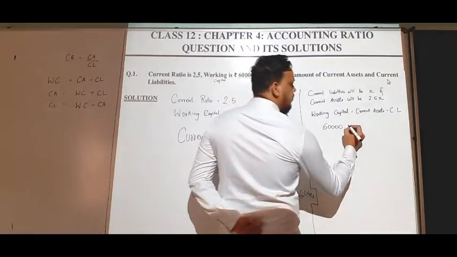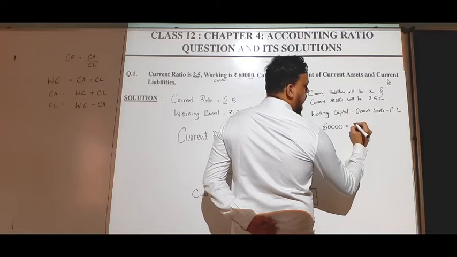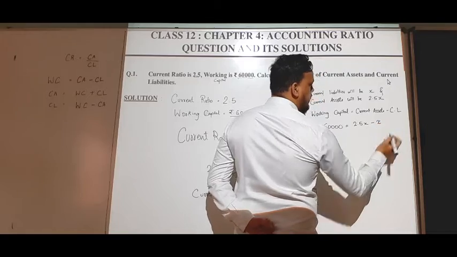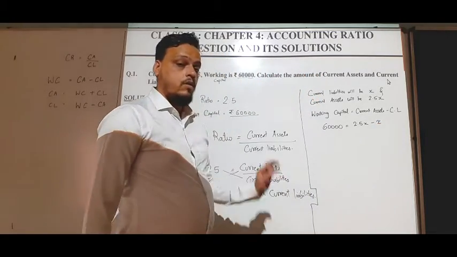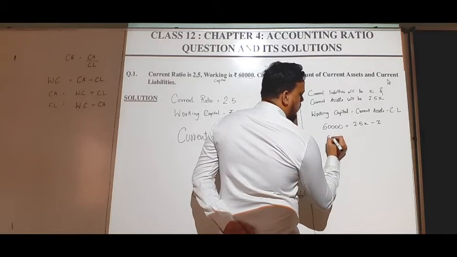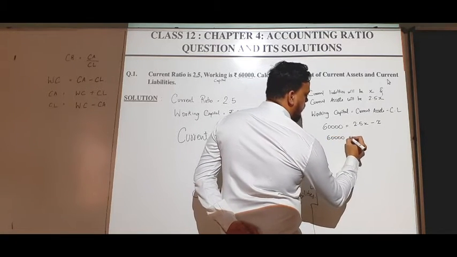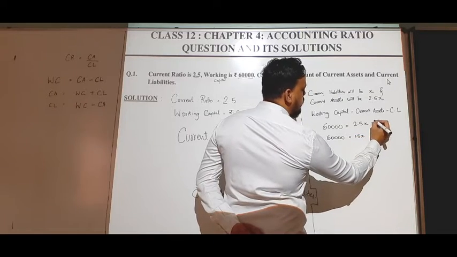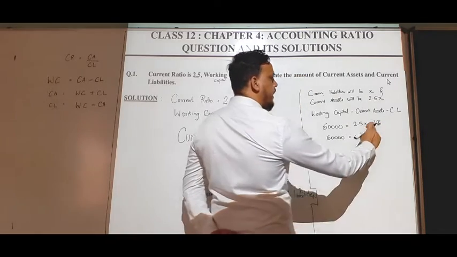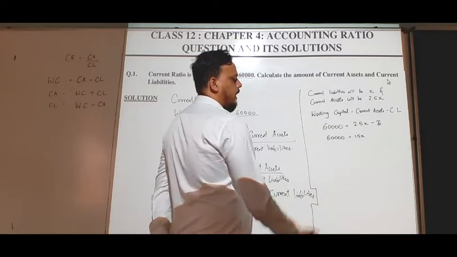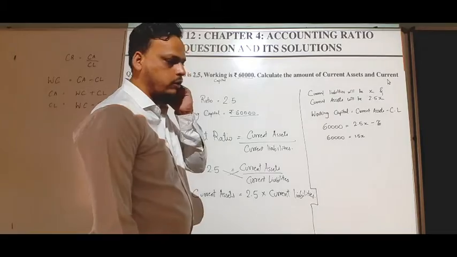So we will write over here 2.5x minus X. Now, while calculating, make sure that 60,000 is equal to 1.5x, as x represents only 1. So be careful with this. Whenever I reduce that, I will get 60,000 is equal to 1.5x.